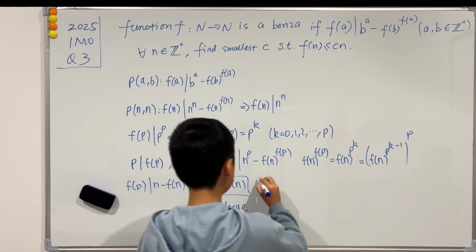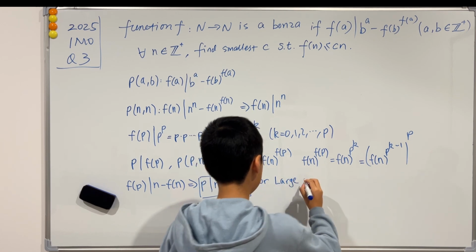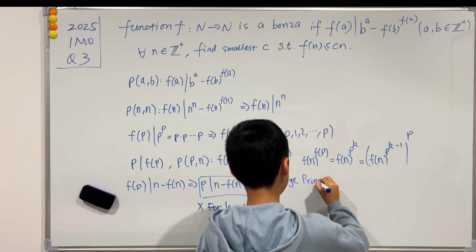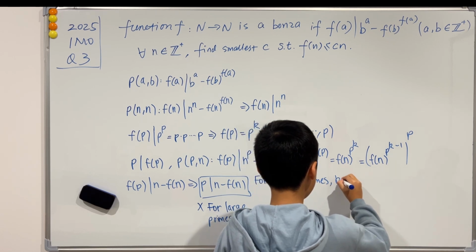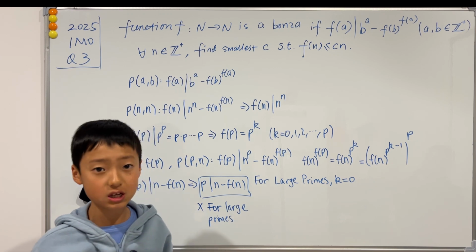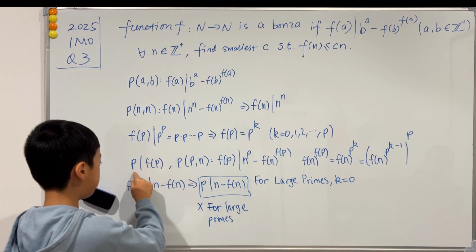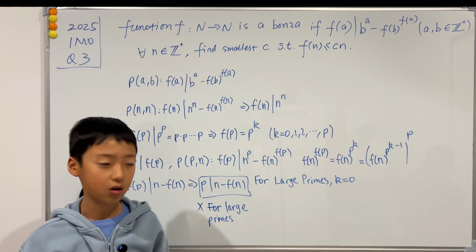So we know that for large primes, k must be equal to 0, because we first assumed that k is not equal to 0. If k was not equal to 0, then p dividing f(p) would lead to a contradiction.